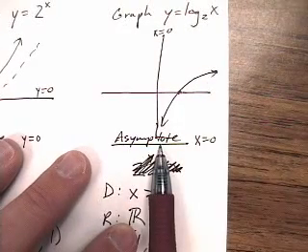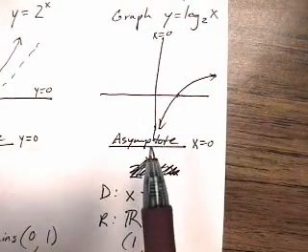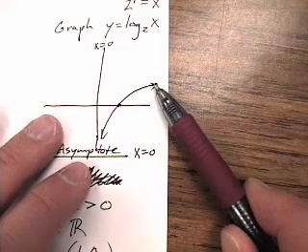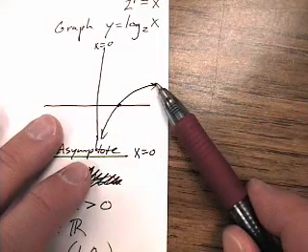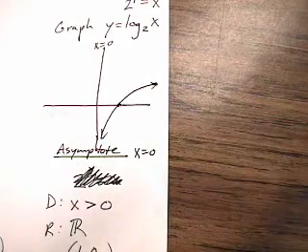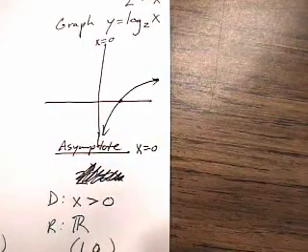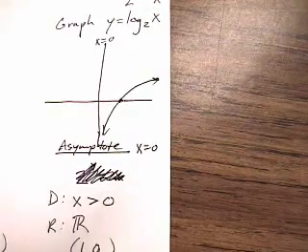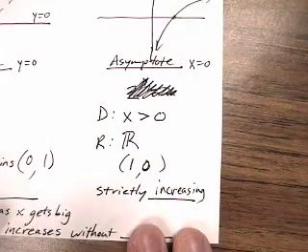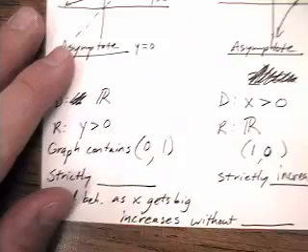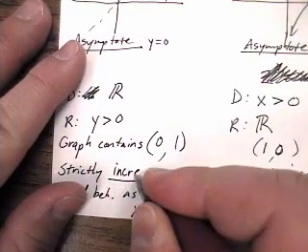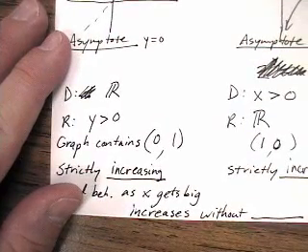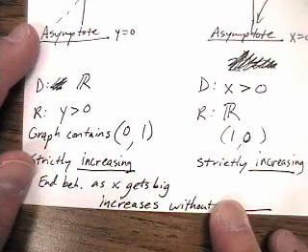Because they see it drop off the face of the earth as it goes towards the y-axis. But in all reality, as x gets bigger and bigger and bigger, slowly and surely, it just keeps going up and up and up. So this is strictly increasing, just like the other one. Both of them are strictly increasing.